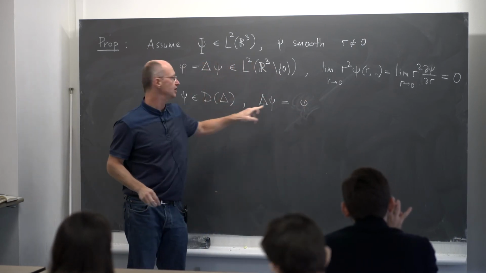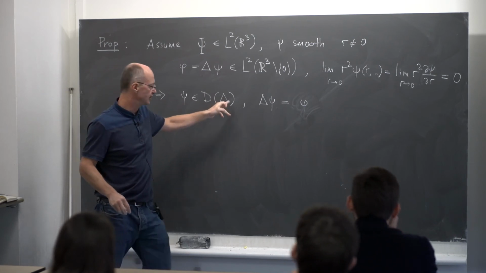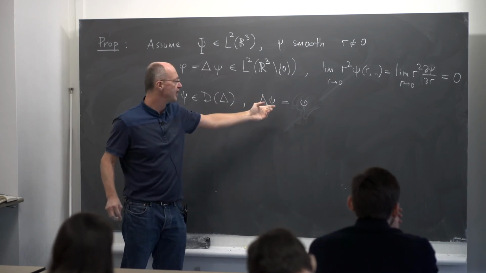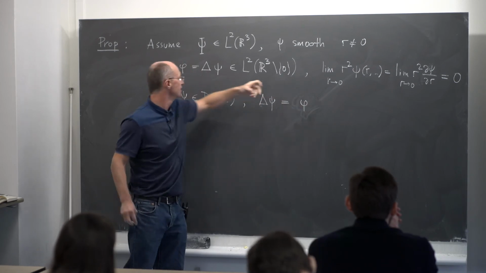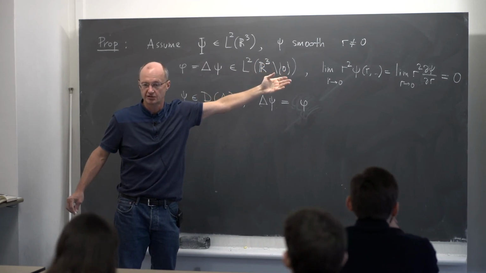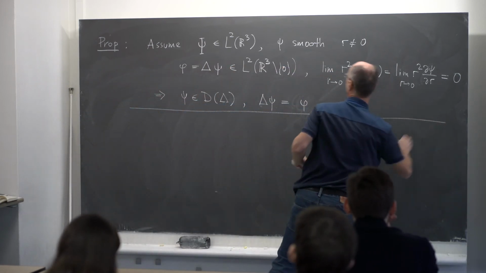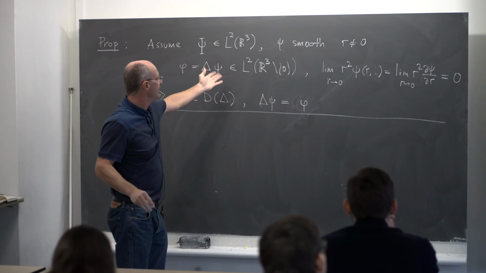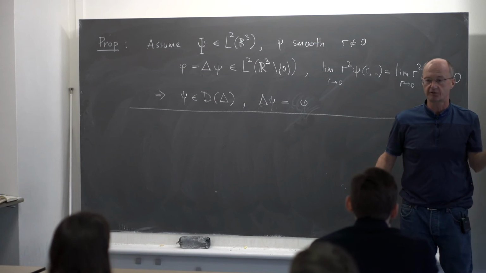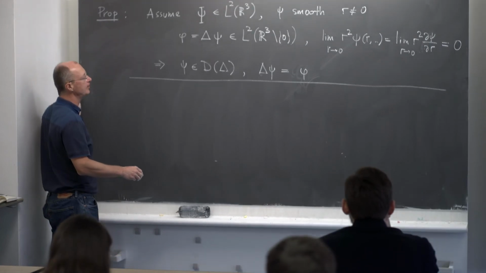Since psi belongs to the domain of the Laplacian as a self-adjoint operator, that's the L2 element which results from acting on psi by the Laplacian, and it coincides with the function that we defined by smoothly differentiating outside 0. That will be the conclusion. So actually the naive action of the Laplacian, as we computed it here, does give you the correct result.